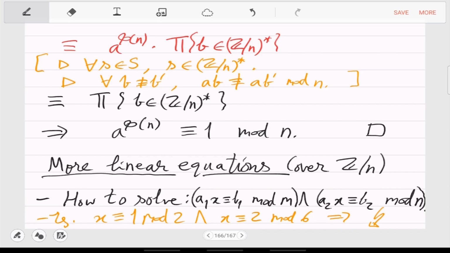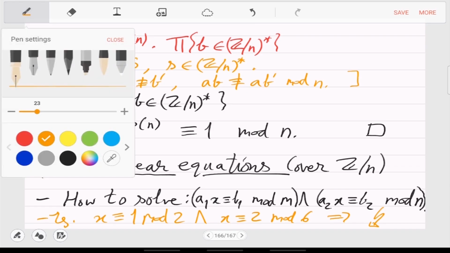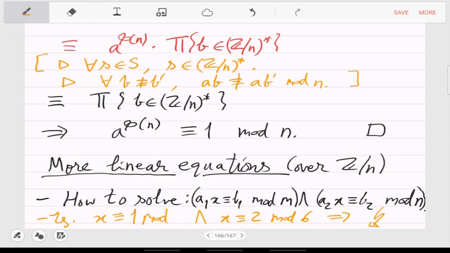So, since there can be problems when m and n are, so here I can make it slightly more interesting. Okay, I can put again the first modulus is 4, the second is 6. They have a GCD of 2. So when you look at the two equations mod 2, you see the contradiction.